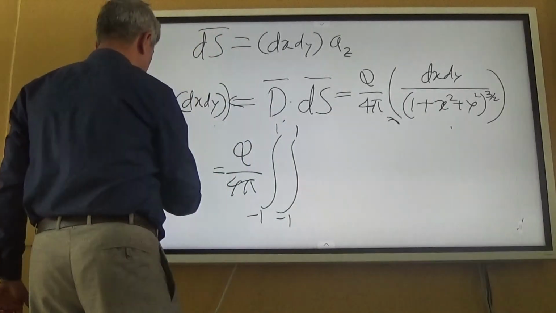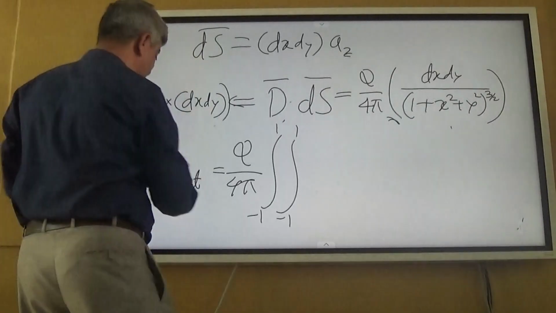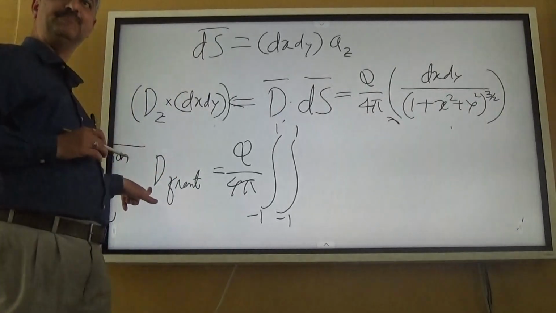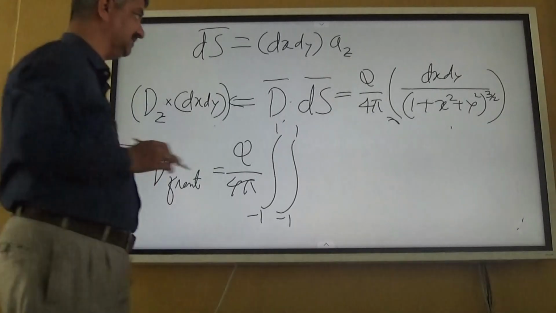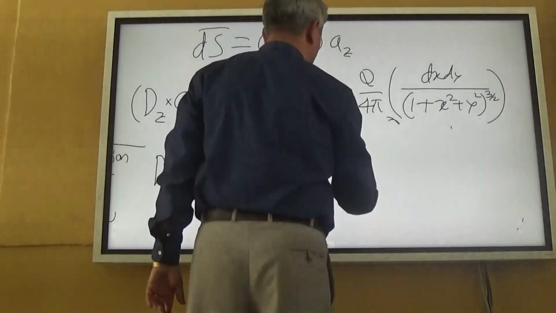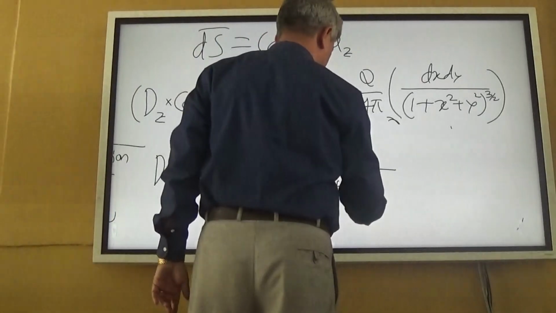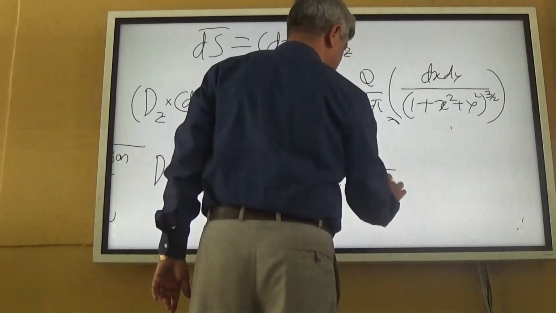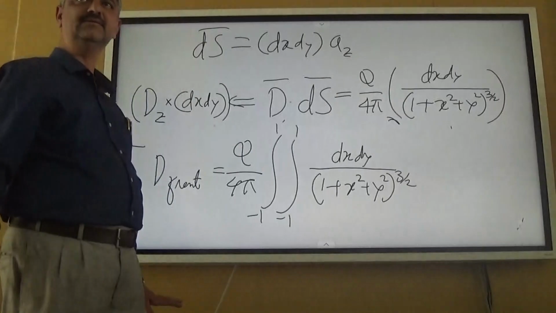That is D front. D front means net outgoing flux through front surface. Right?